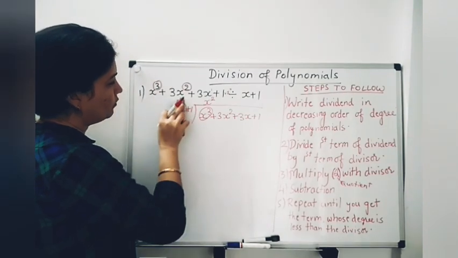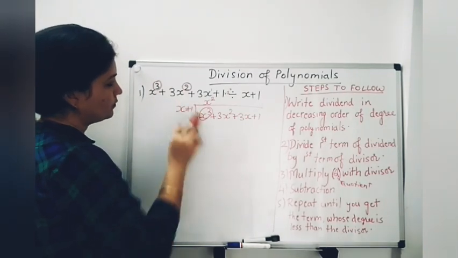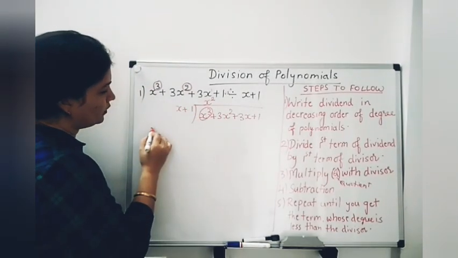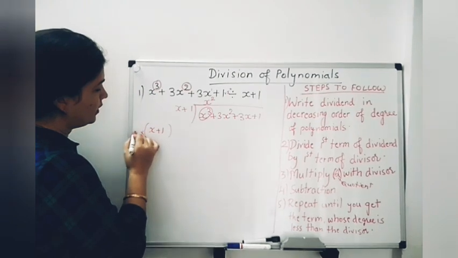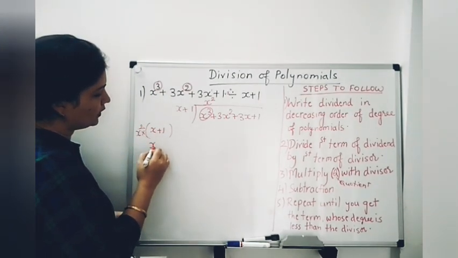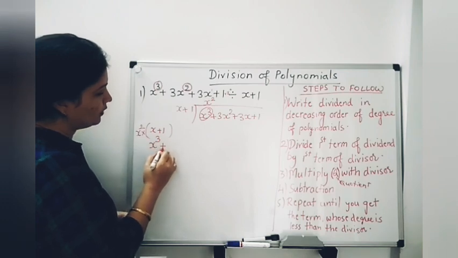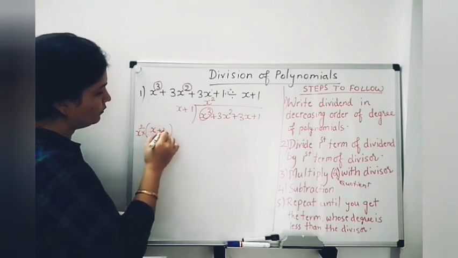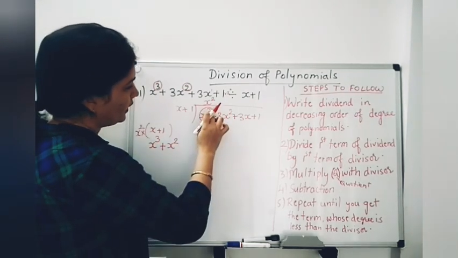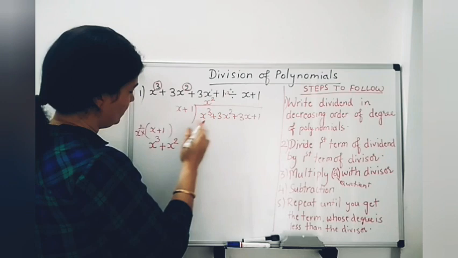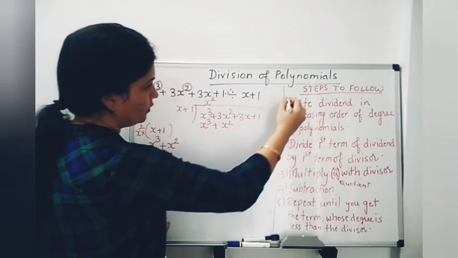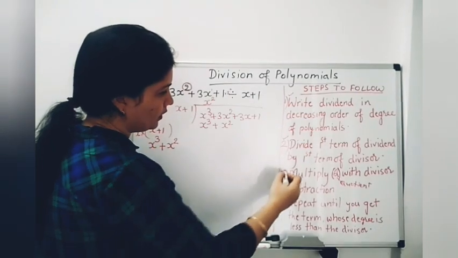The divisor is x plus 1, and we will multiply it with the quotient x square. Multiplying x square by x gives x cube, and 1 multiplied by x square gives x square. So we write x cube plus x square. First step done, second done, now third done.